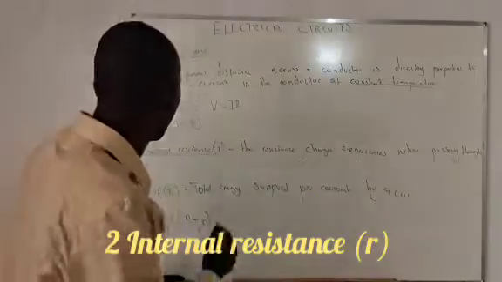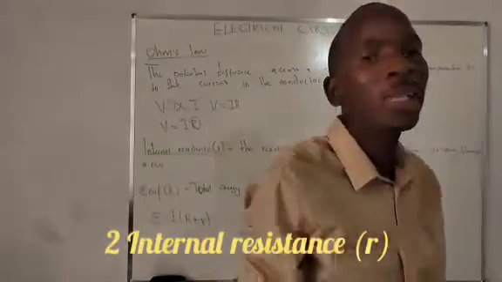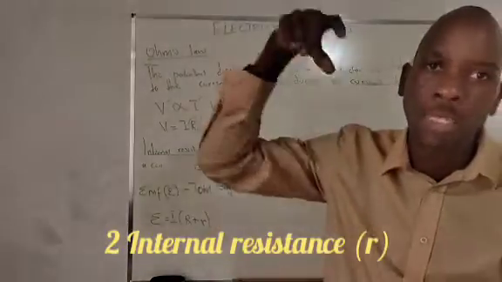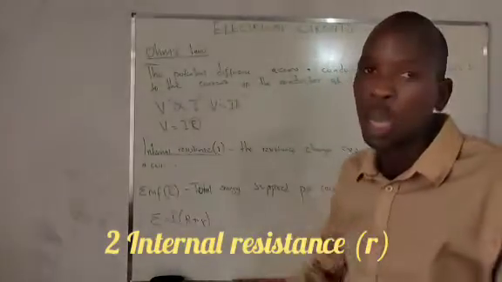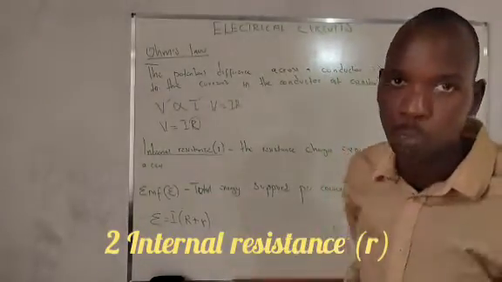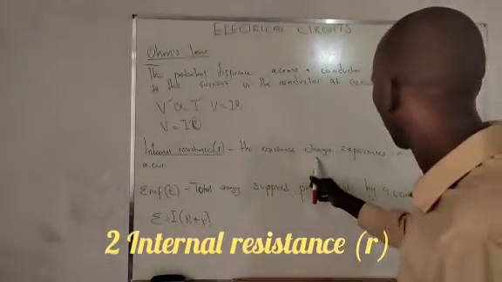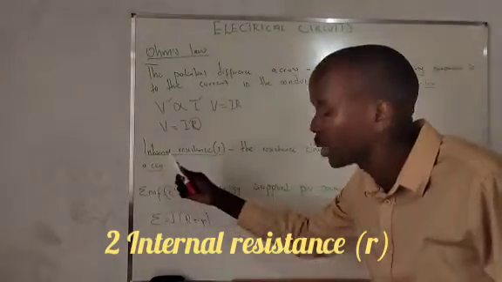The second definition is internal resistance. There is a resistance in the external circuit and a resistance inside the cell. That resistance inside the cell is called internal resistance. It can be defined as follows, as per exam guideline: the resistance that charges experience when passing through a cell.